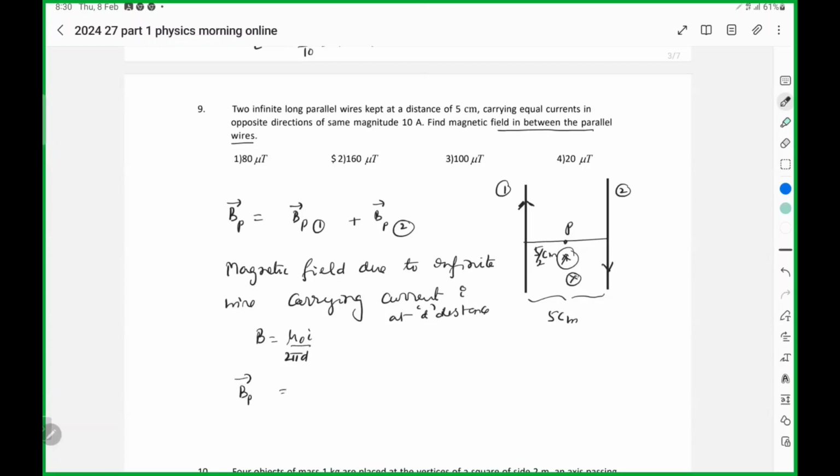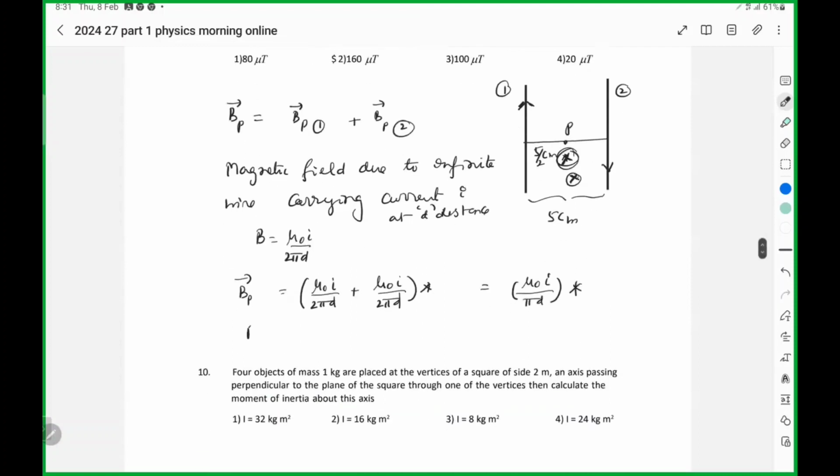Due to both the wires carrying current, the magnetic field will be in the same direction. I can add numerically mu naught I by 2 pi d plus mu naught I by 2 pi d, inwards. That is mu naught I by pi d inwards.